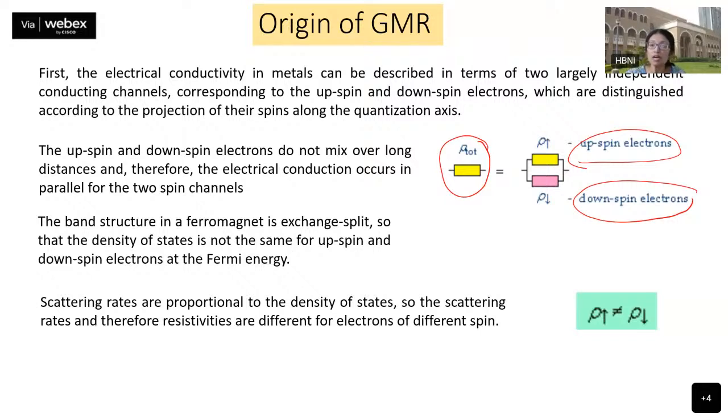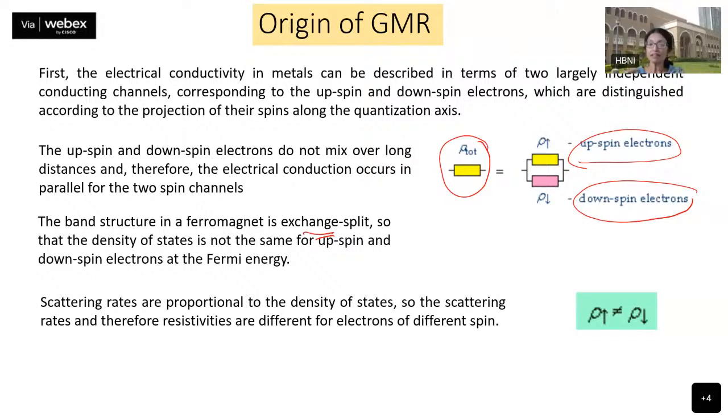But you have to remember one thing: when we talk about the band structure of a ferromagnet, it is exchange split. That means the density of states is not the same for upspin and downspin electrons at the Fermi energy level. At the Fermi energy level, the DOS is very different for upspin compared to downspin.